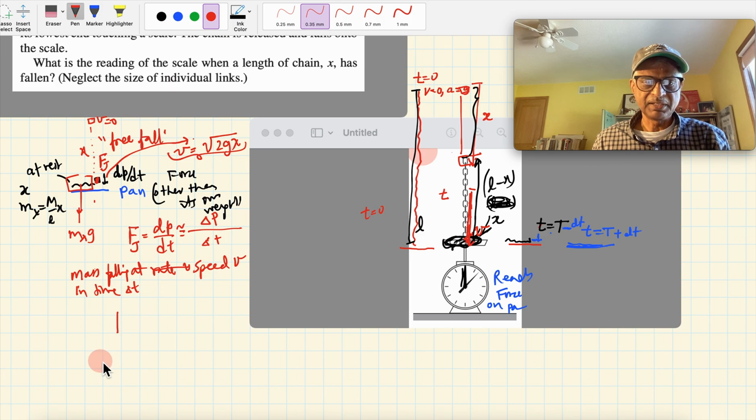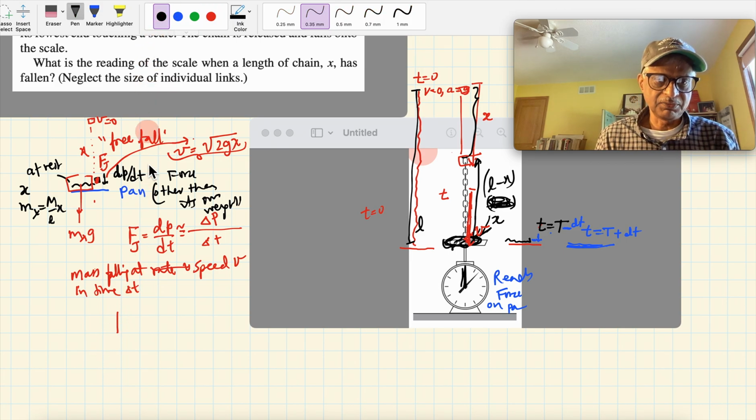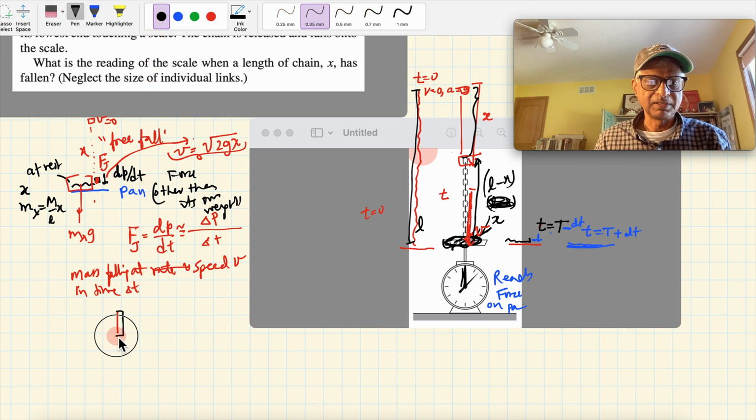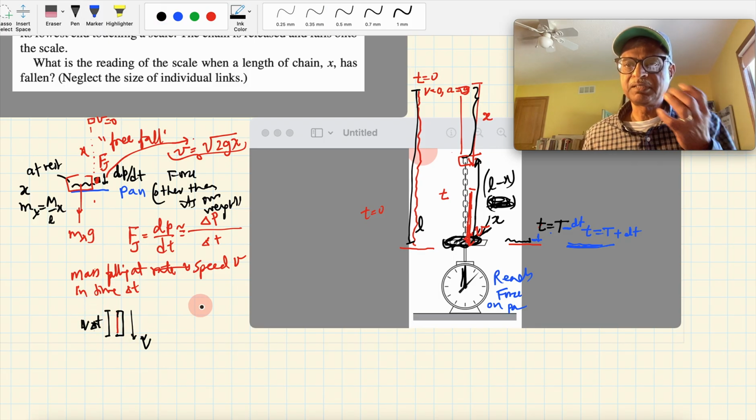now I'm going to just look at a vertical thing as if it's continuous. If everything is going with a v, this distance it would have gone was v times delta t. And these delta t's are infinitesimal.